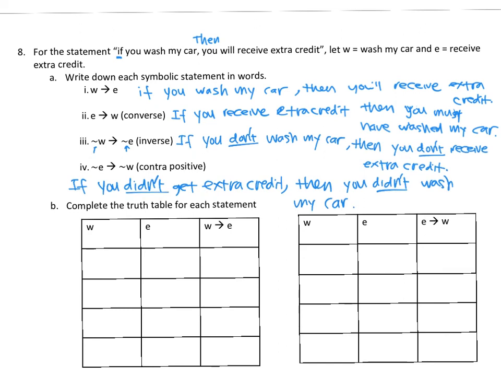If this person did not get extra credit, I know 100% sure that this person did not wash my car, because if this person washed my car, this person would have gotten extra credit. So the fact that this person didn't get any extra credit, I know this person did not wash my car. So it's called the contrapositive. According to the original statement, the contrapositive is actually true. We'll talk about this on the next worksheet in more detail, but I want you to think about the different structures of this type of conditional statement.